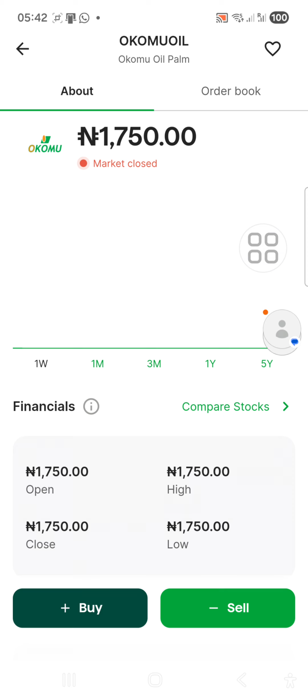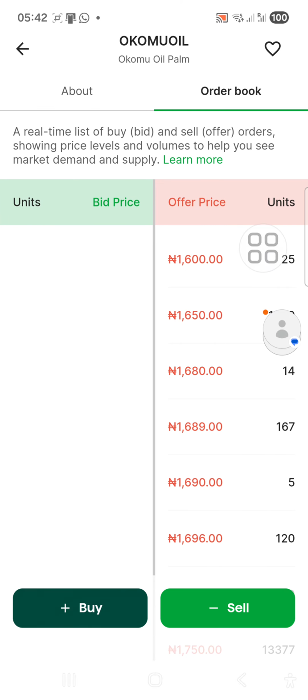But you want to use limit buy, and you also want to check how much people are offering to sell Okomu for and how much people are bidding to buy Okomu. So you will click on order book at the top right corner where it says order book. You click on that and then it tells you what people are offering, the offer price.